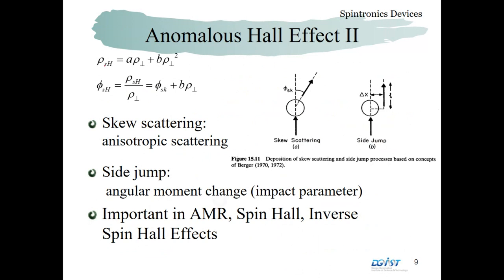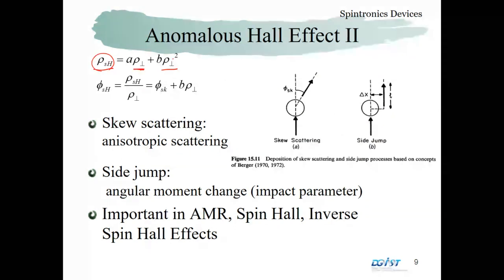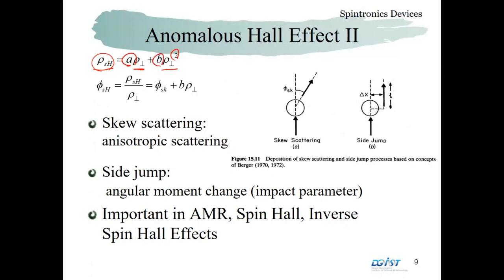When we measure the anomalous Hall effect, we have two contributions. The anomalous Hall effect is proportional linearly to the longitudinal resistivity and to the square of the longitudinal resistivity. So those coefficients A and B give us different origins.